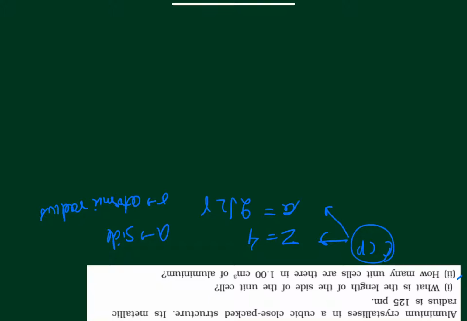This formula we already know for this topic, that for CCP lattice, which is a cubic close packed structure, A is equal to 2 root 2 R and the number of atoms in the unit cell is 4. So we can directly use A is equal to 2 root 2 R to solve this.